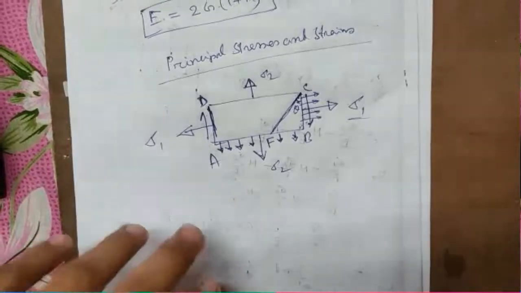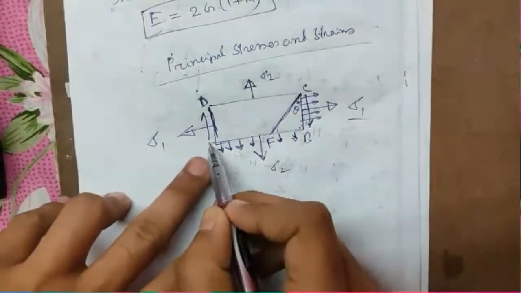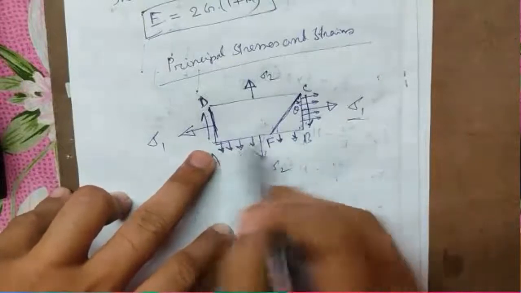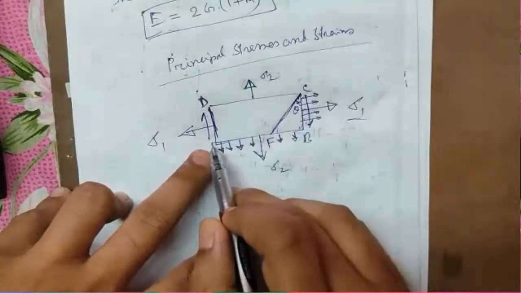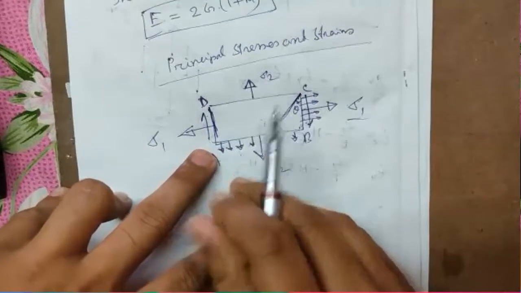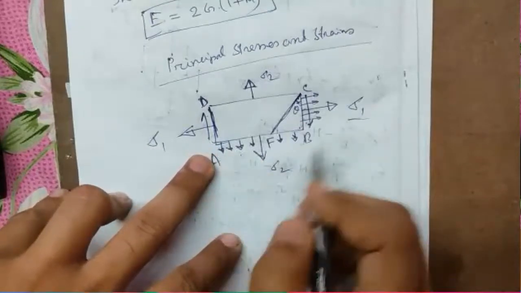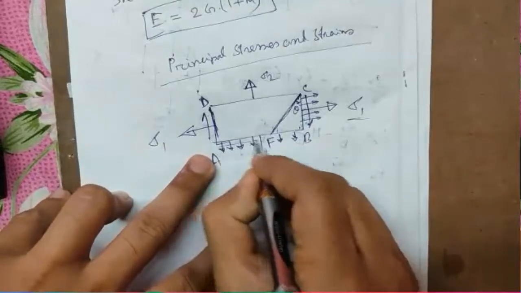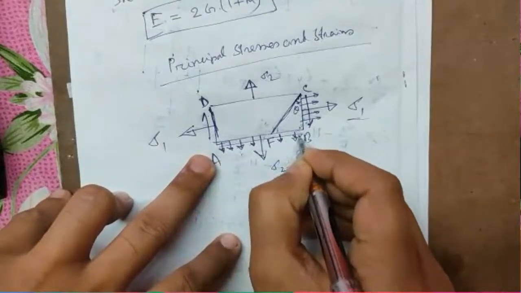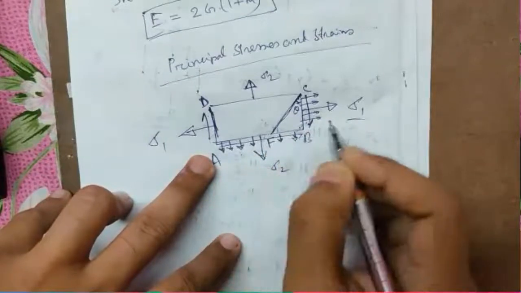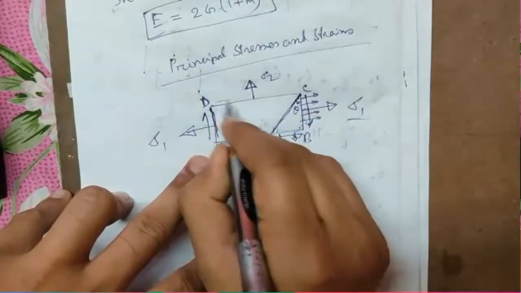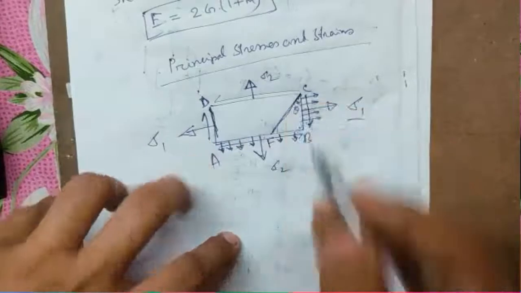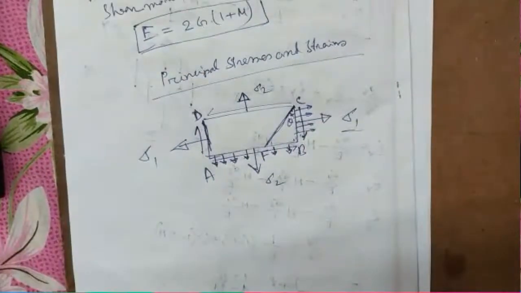Okay, so what I am trying to say is there is shear stress present on both sides, having some value, trying to rotate this total cross section clockwise. In such a case, there will be another shear stress present to negate the effect of the shear stresses.